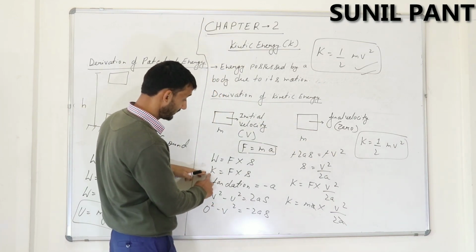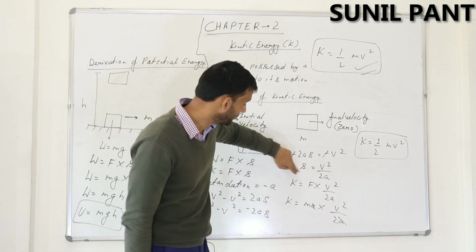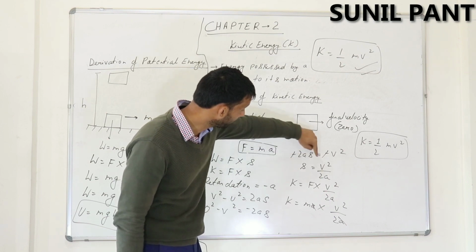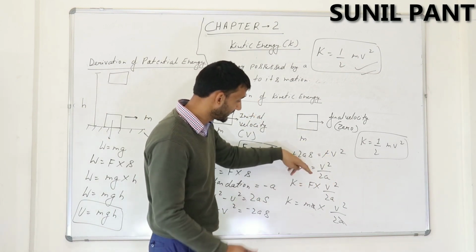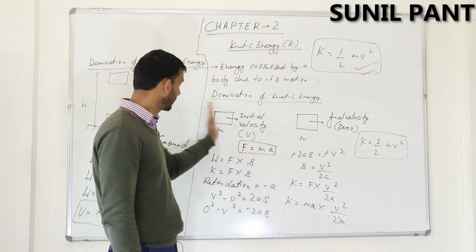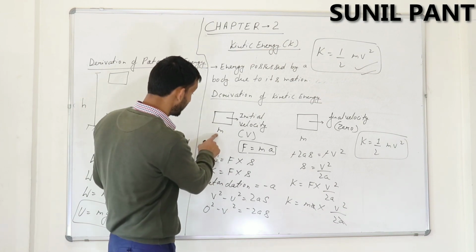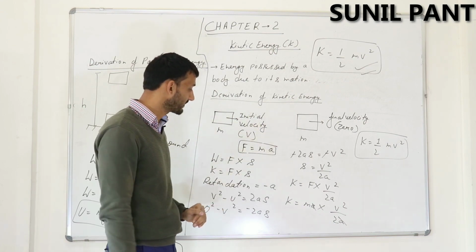Now we know that K equals F into s. Instead of s, we substitute the value v square upon 2a. F is ma, the force applied on this object, which has mass m and undergoes an acceleration a.